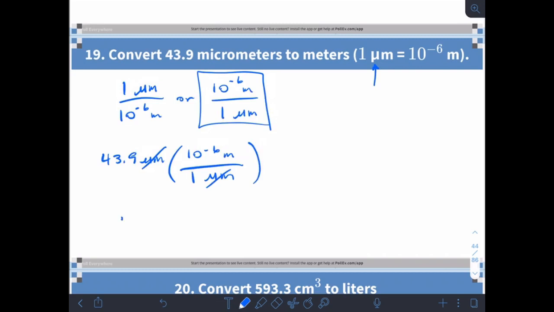So in my calculator, I'm going to say 43.9 times e to the minus 6. Remember to use that EE button, that second EE button, okay? And we should get an answer to the correct number of significant digits of 4.39 times 10 to the minus 5 meters.